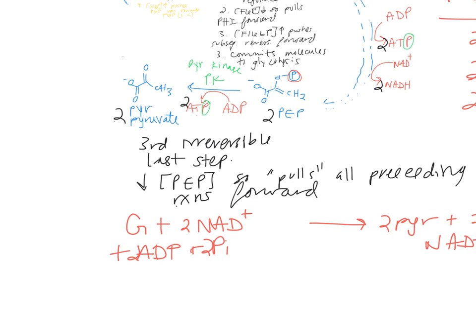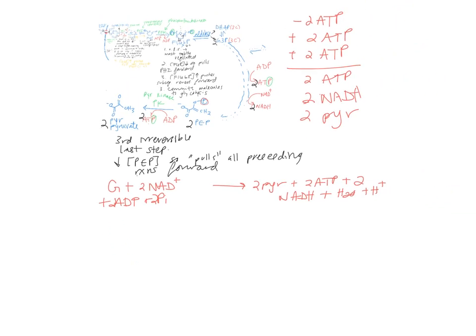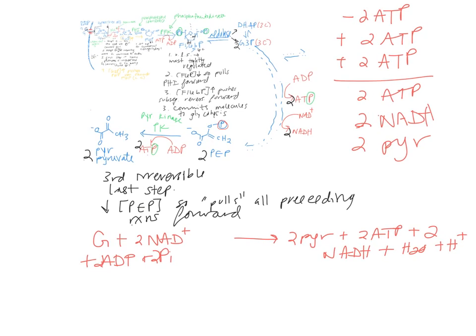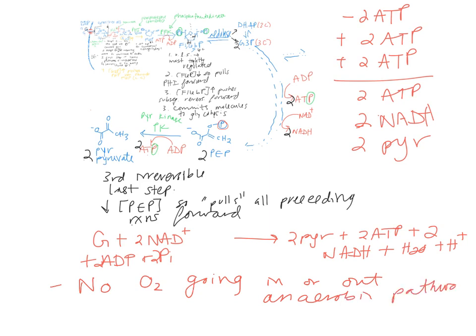Actually, no, before I talk about pyruvate, I have 2 other things that I want to mention. Hey, how do I scrunch this? Scrunch, scrunch, scrunch. Okay, so throughout glycolysis, just so you notice, there was no O2 going in or out. So we would call this an anaerobic pathway. We also did not generate any CO2.